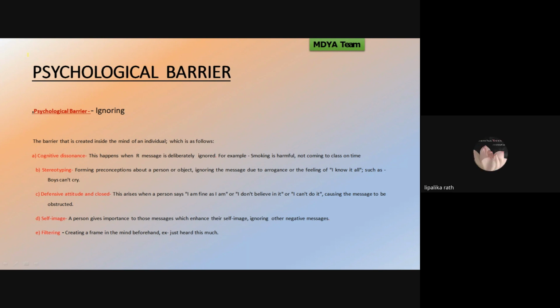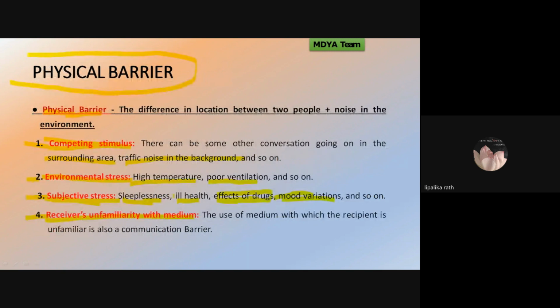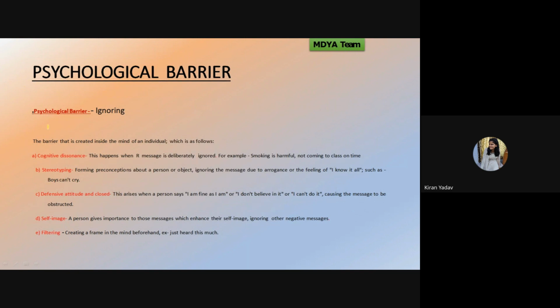Excuse me, ma'am. Yes, Valkaji. This slide, that is psychological barrier, the size is so small. What? Which slide? This slide, the letters are so small.